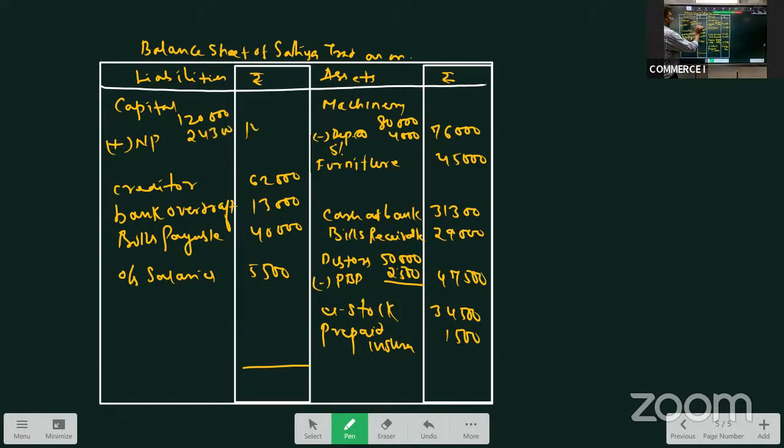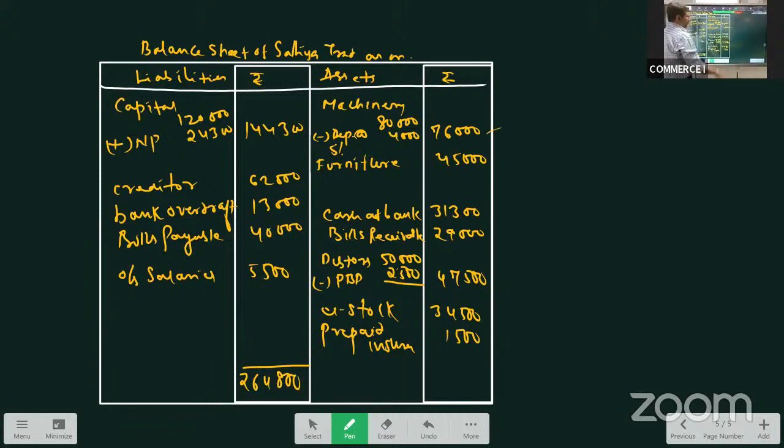24,300. So 1,44,300. See what is the total? 1,44,300 plus 62, it's 2,06,000, 2,19, 2,59,800, 2,64,800. Yes, it is correct. It is 2,64,800 on the liability side.